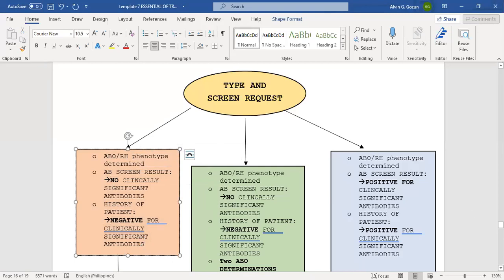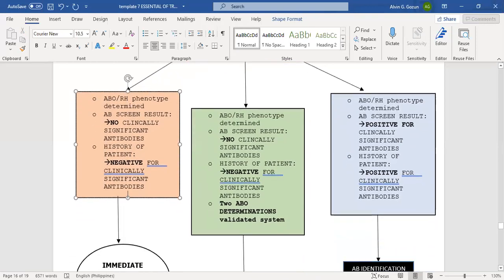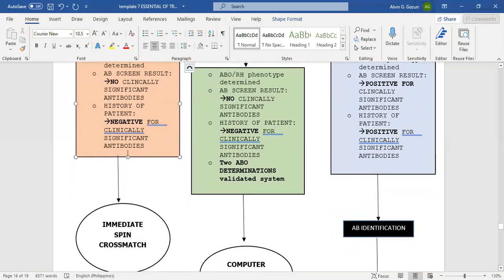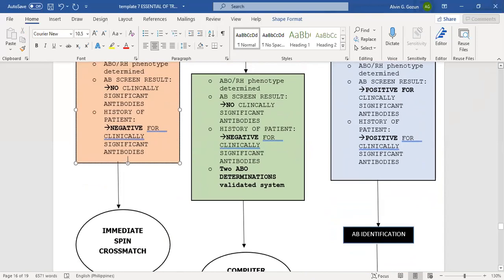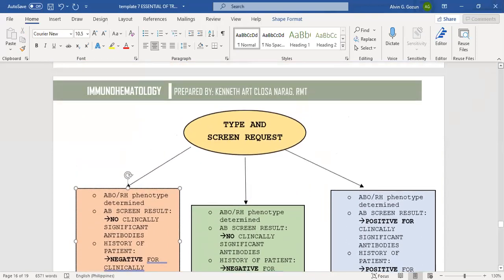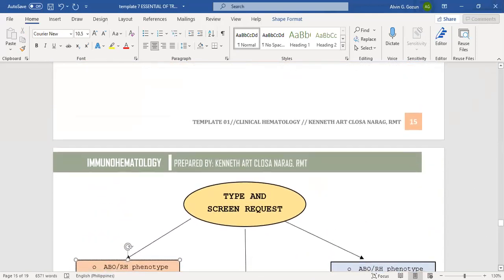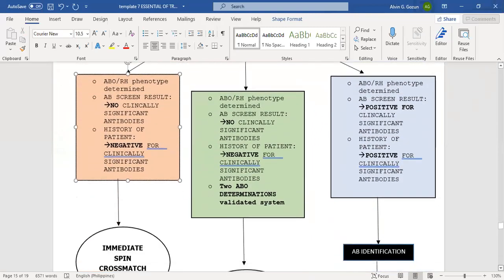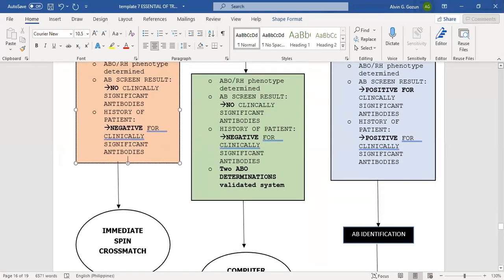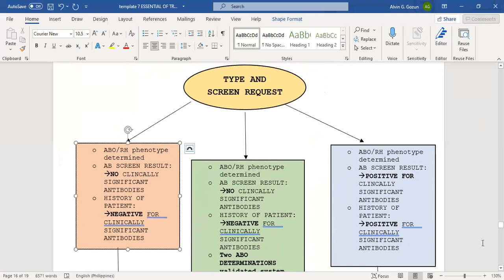So anong next na gagawin? Antibody screen is negative. History of patient is negative. Proceed tayo sa cross-match. Anong cross-matching? Immediate spin cross-match. Naalala nyo guys? Di ba? Ginagawa lang siya kapag walang antibodies na na-detect. Right? Hello? Opo, sir. Yes, sir.